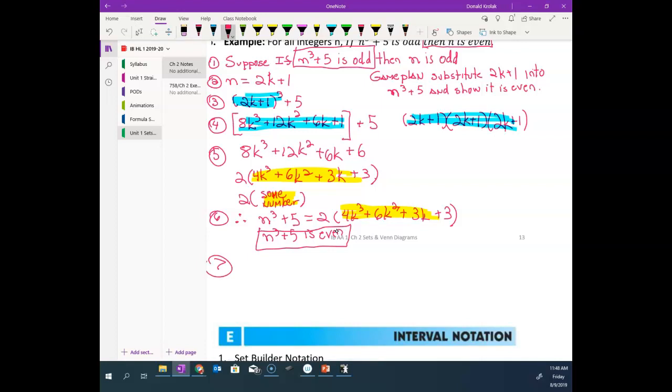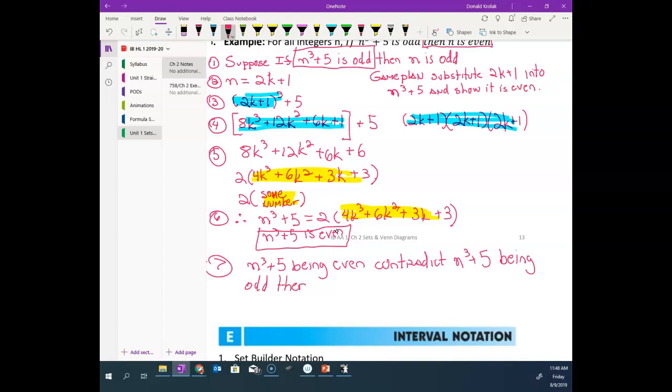All right, so n cubed plus 5 being even contradicts n cubed plus 5 being odd.